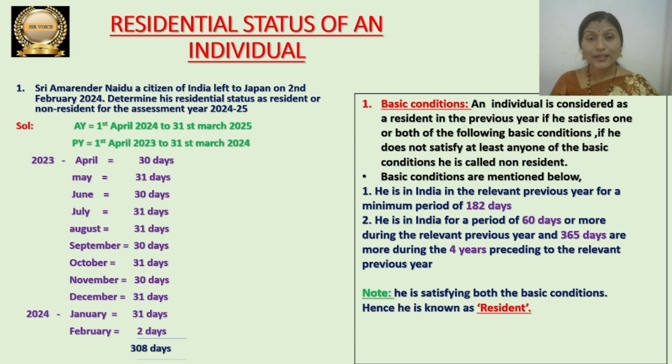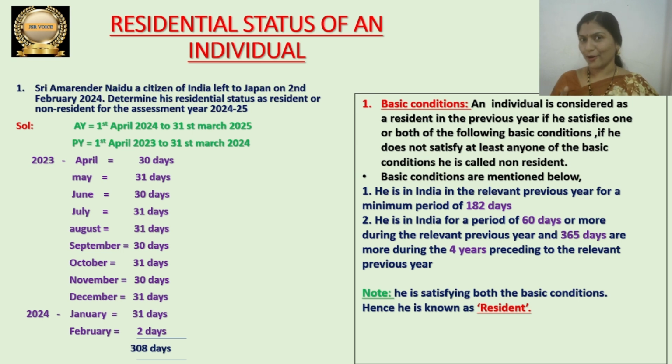If he satisfies any one basic condition, he is known as a resident. If he satisfies both basic conditions, then also we can call him a resident. If he is not satisfying any one of the basic conditions, then we will call him a non-resident.